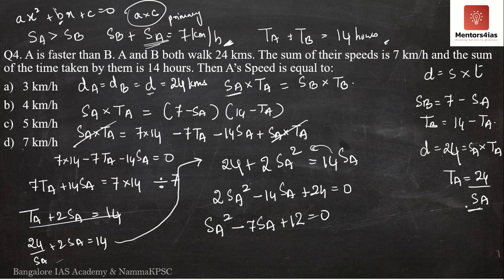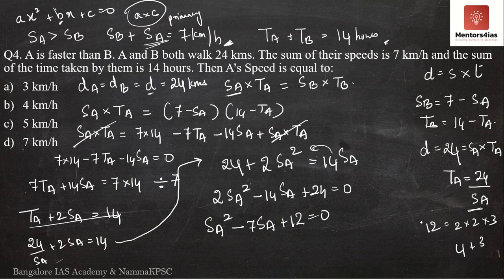So now what do we have? We have 12. I can represent 12 as what? 2 into 2 into 3. Now the sum of these prime numbers should be equal to 7. What combination of these prime numbers can be equal to 7? Very simple, right? 2 into 2, 4. 4 plus 3 is equal to 7.